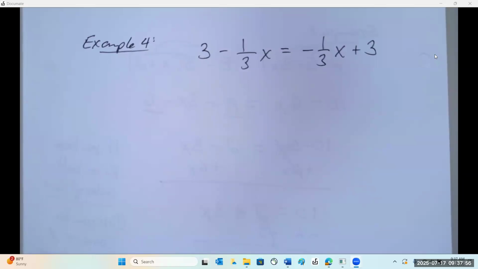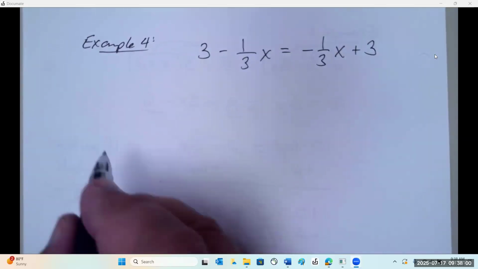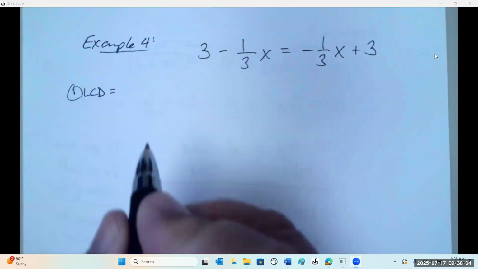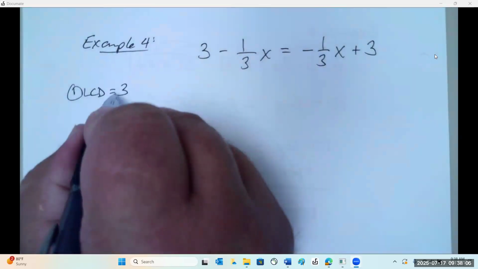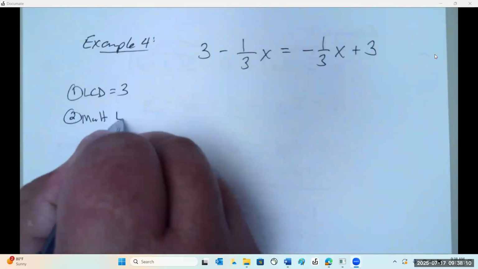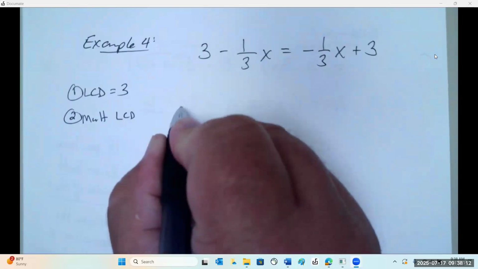So let's practice our skills. What's my LCD? So multiply my LCD to each term.